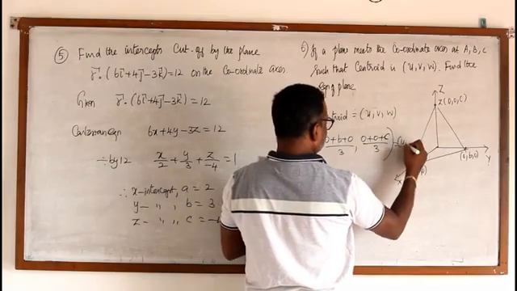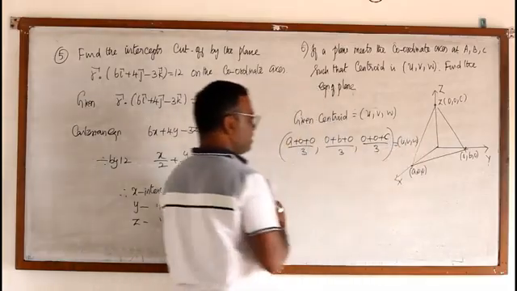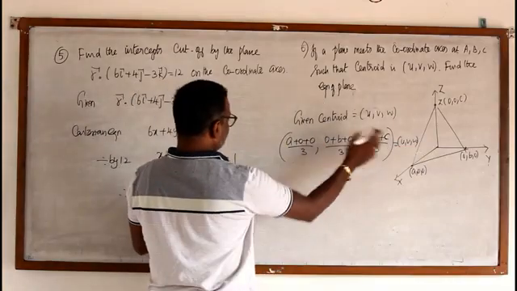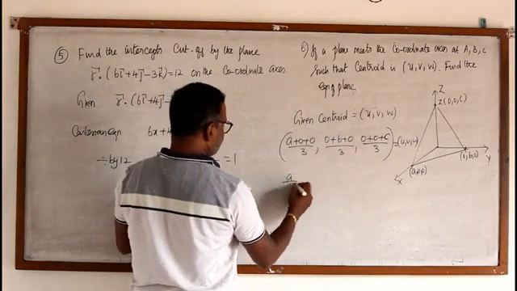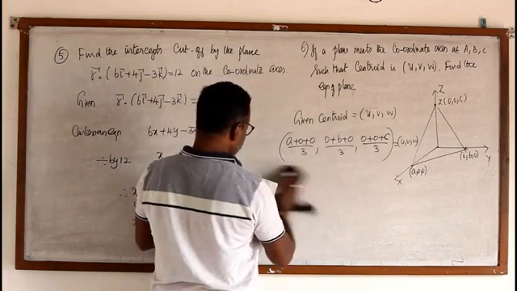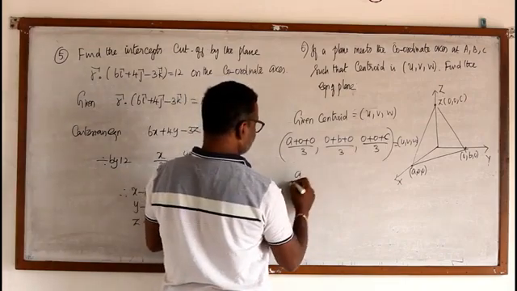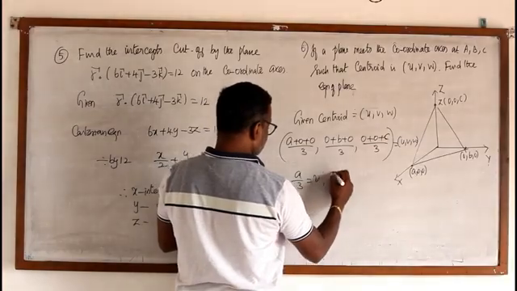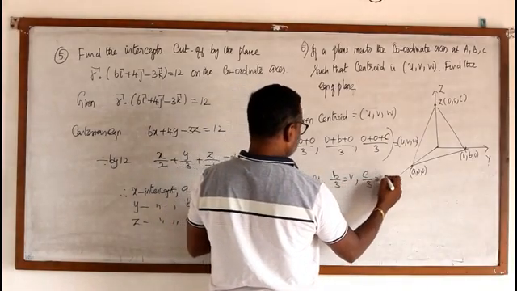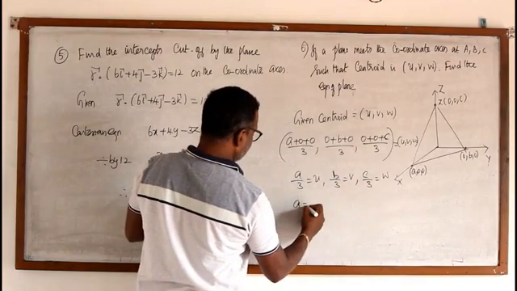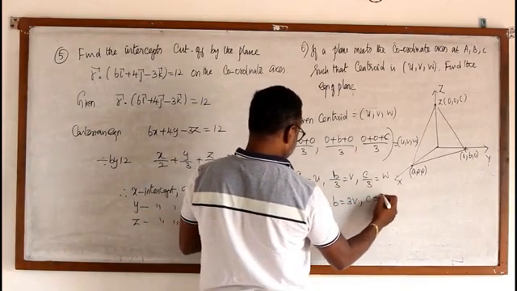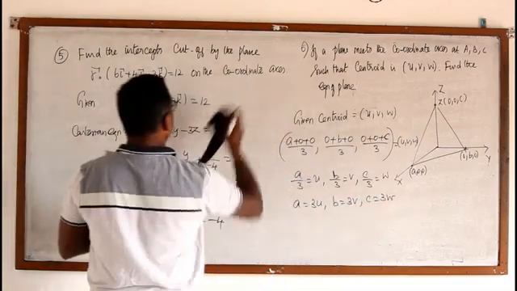This is equal to (u, v, w). x1 plus x2 plus x3 by 3, that one is the centroid. Therefore, a by 3 equal to u, b by 3 equal to v, c by 3 equal to w. Therefore, a equal to 3u, b equal to 3v, c equal to 3w.